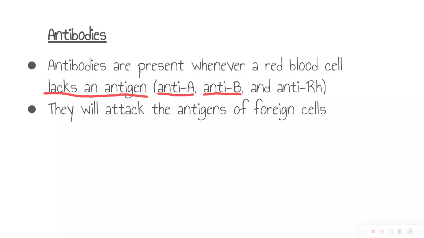These anti-B antibodies, they will go attack the B antigens of foreign cells. And likewise, if our red blood cell does not have the Rh factor, it is negative for that Rh factor, it's going to produce anti-Rh antibodies. And these anti-Rh antibodies, they're going to go attack red blood cells that are positive for the Rh factor. So these antibodies are going to be present whenever a red blood cell does not have a certain antigen, and they're going to attack the antigens of foreign cells.